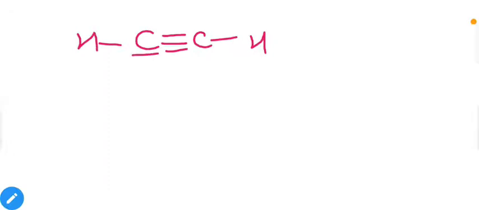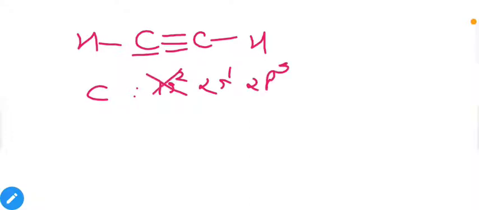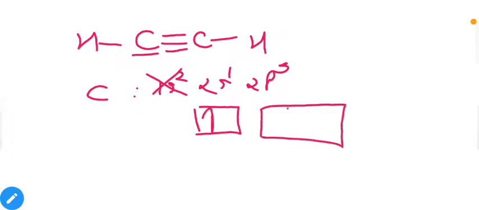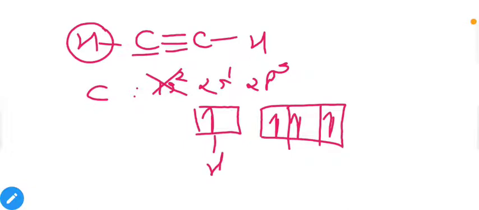So let us concentrate on one of the carbons. As mentioned earlier, carbon has the electronic configuration in excited state, which is 1s2, 2s1, 2p3. So again we have to concentrate on the 2s and 2p orbitals because they are the valence or outermost orbitals. With one hydrogen it contains a single bond, so hydrogen will share its electron and the electron pair is complete.